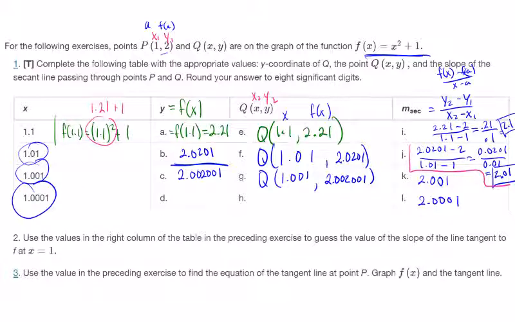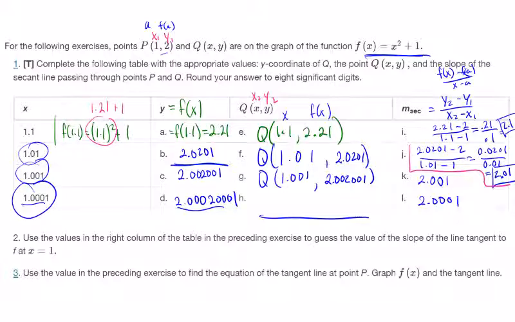And this will be 2.00020001, right? And then we can put the x coordinate and y coordinate into our formula, y2 minus y1 over x2 minus x1, and that's what we get.